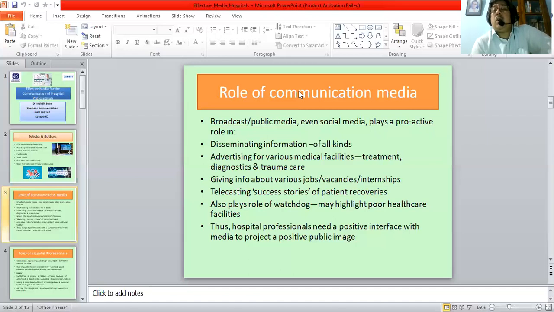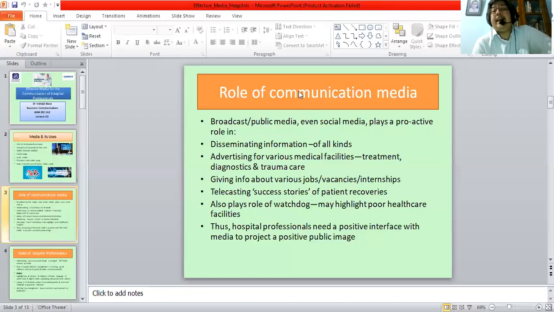And of course, it is your job as a management professional, after all, in the hospital industry, that you take care of the image of your organization. It is the responsibility of the administration, after all, to take care of these medical facilities, but you must always take care that a negative image is not portrayed in the media regarding any medical facility which you are in charge of.